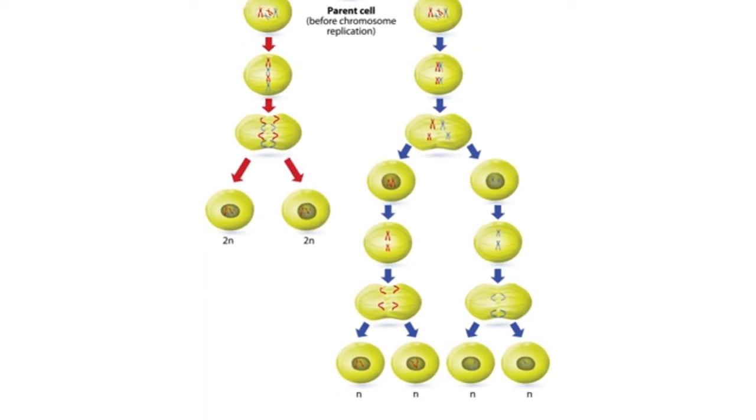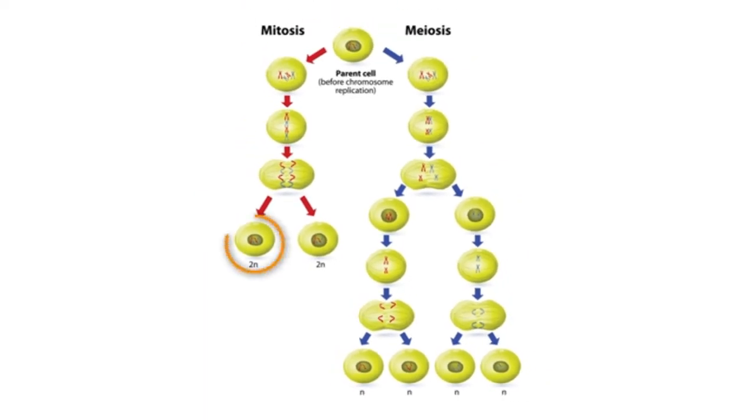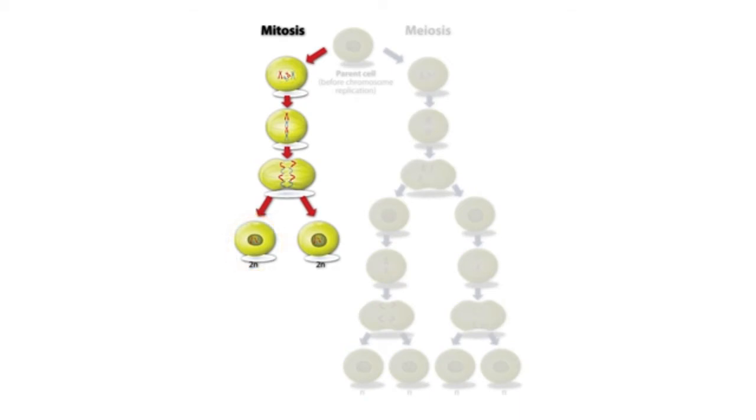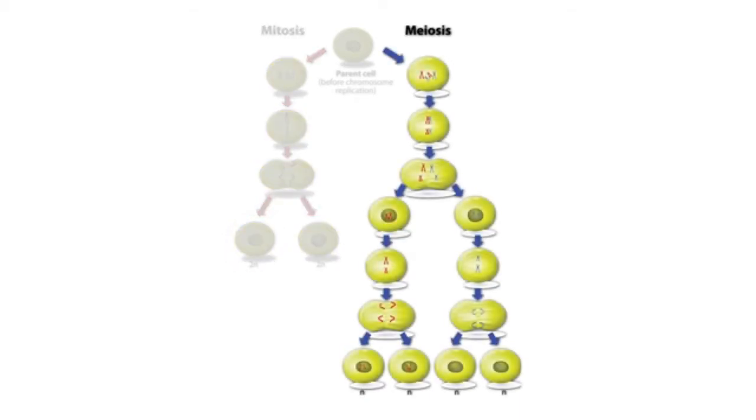Now, one cell division would leave us with two cells, each with a full set of 46 chromosomes, as in mitosis. But a second division without further chromosome doubling results in four cells, each with a single set of 23 chromosomes. This is how eggs and sperm come to have half as many chromosomes as the rest of our cells.